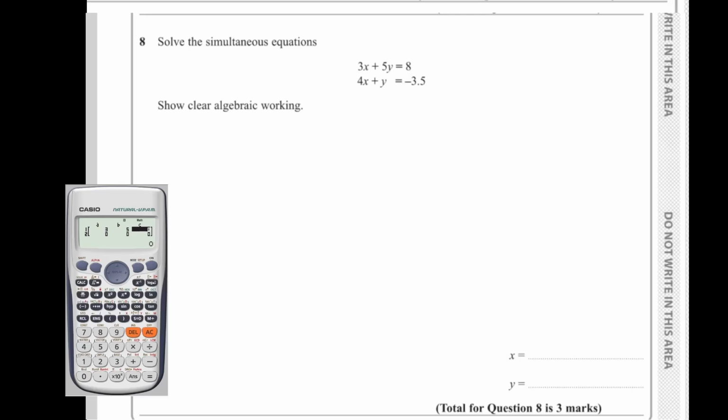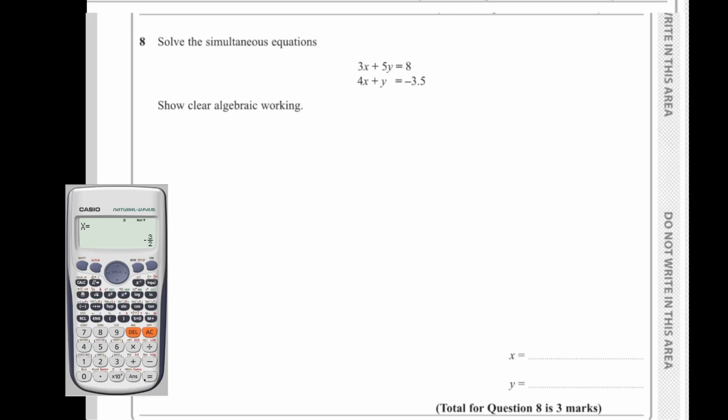So 3 equals, 5 equals, then 8 equals. After each input, you have to hit the equals sign. After that, 4 equals, 1. In front of y there's nothing, which means there's a hidden 1. So 1 equals, and minus 3.5 equals.